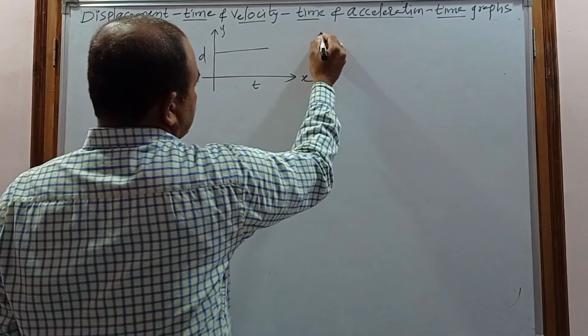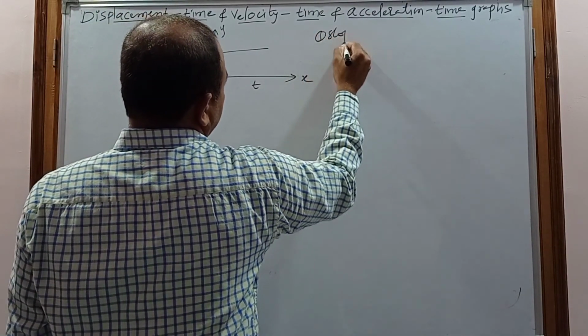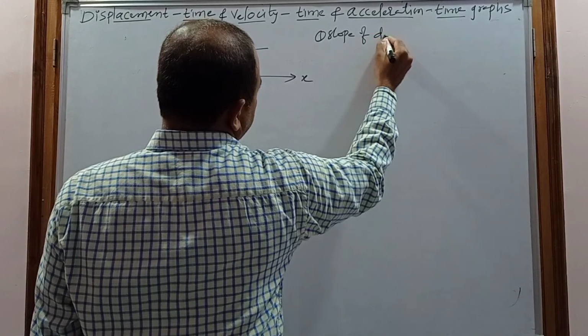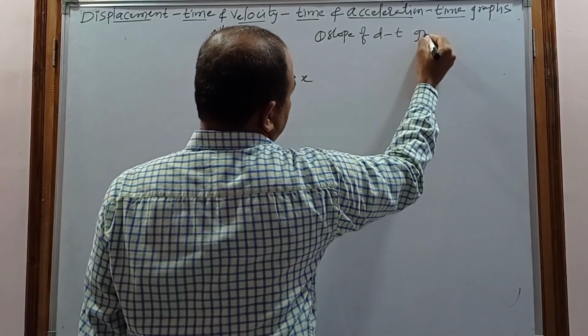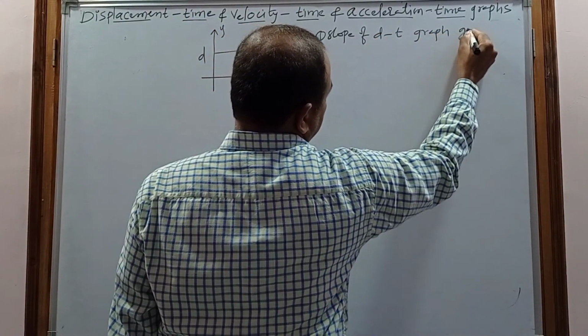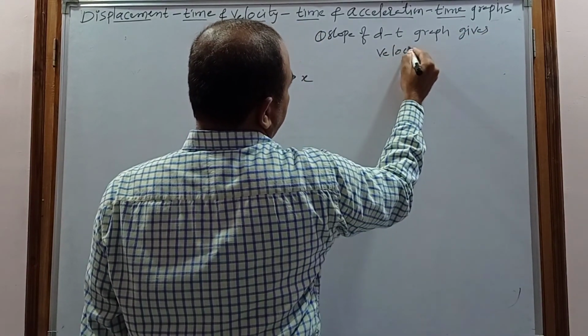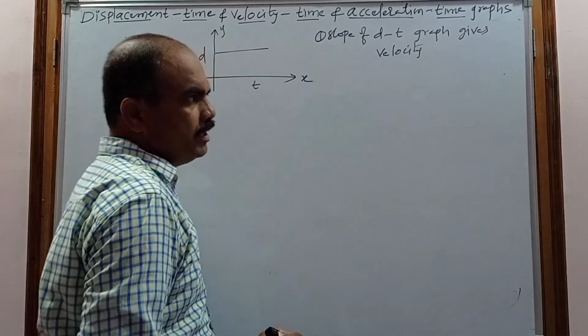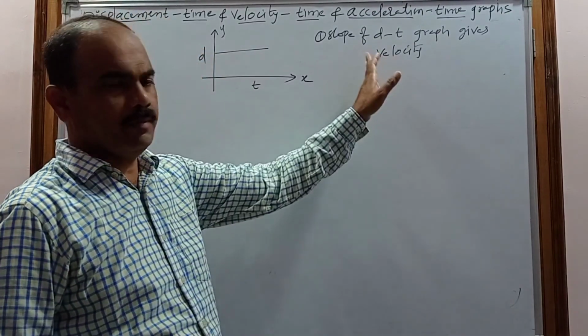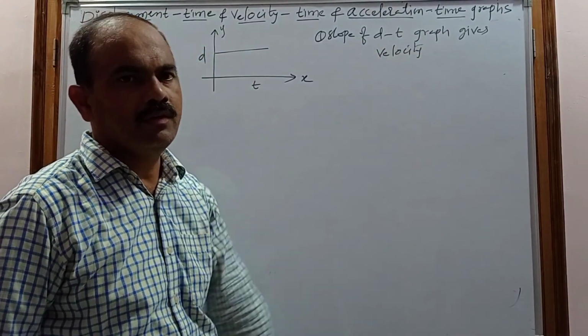The first one is the slope of the displacement versus time graph. The slope of the displacement versus time graph gives velocity.